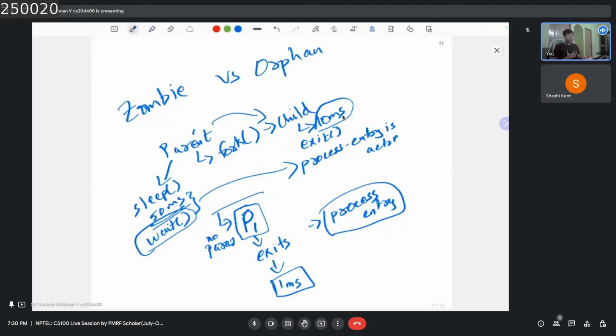It can also take place when a parent sleeps and the child exits beforehand. P1 is not an orphan because it has no parent actually. First of all, it is not a child process itself.